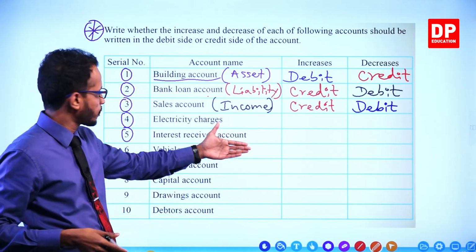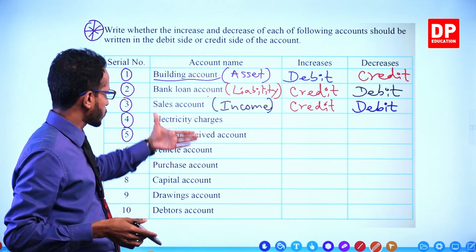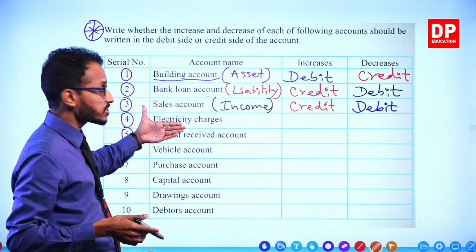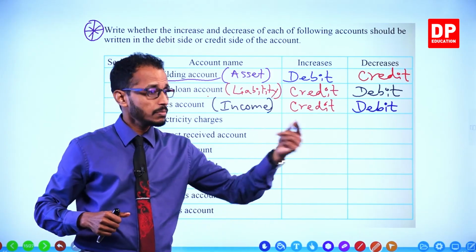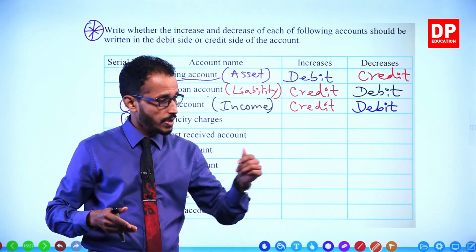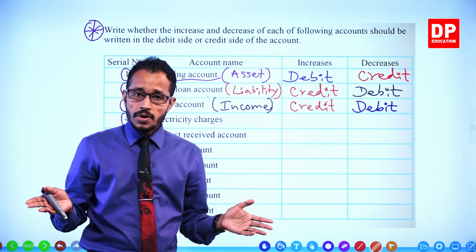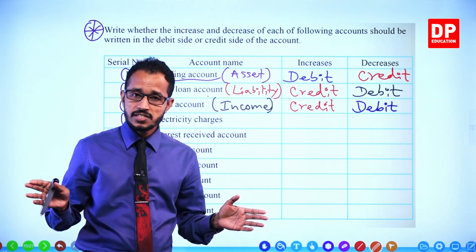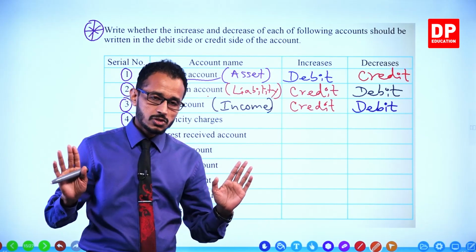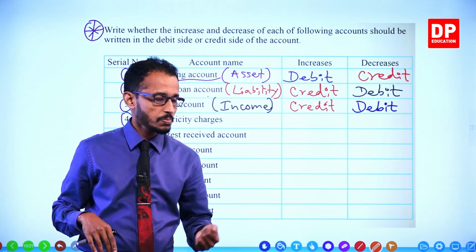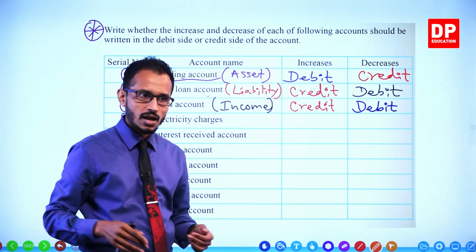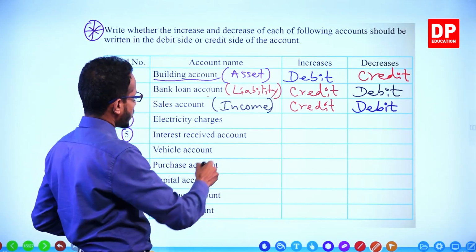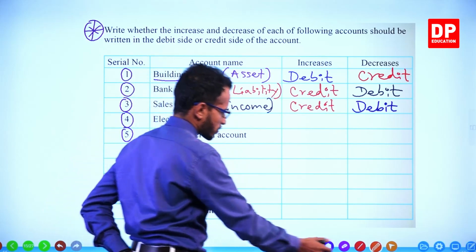So let's finish it off. Electricity charges. What type of an account is electricity account? Always paying. Every month, every year, electricity bill never stops coming, and you never stop spending for the bills. Bills are always expenses.